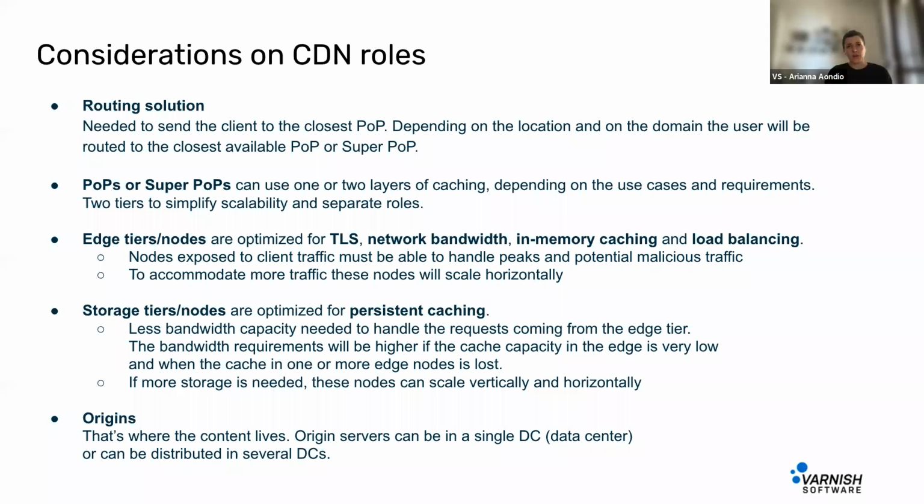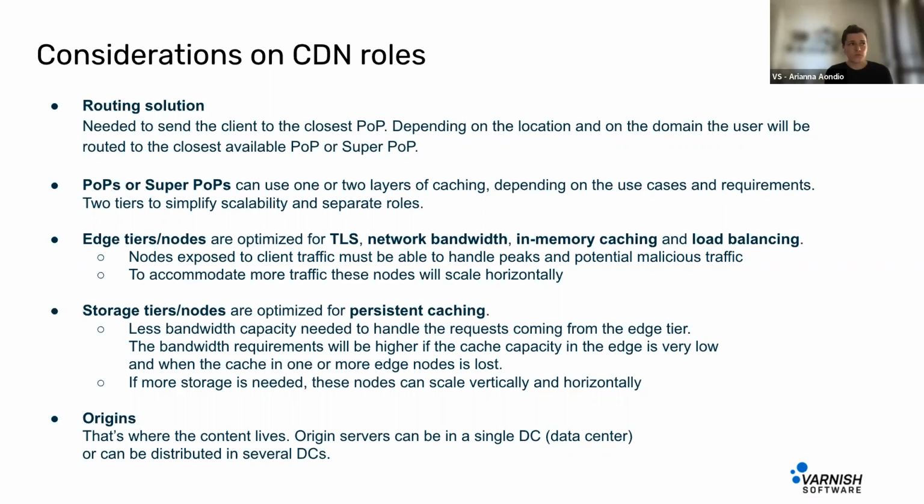If you remember the diagram I presented, the central part of the diagram, where the content distribution magic really happens, comes with different solutions. So we need a routing solution, and this routing solution will have the scope of steering the traffic, or steering the client, to the closest available POP.